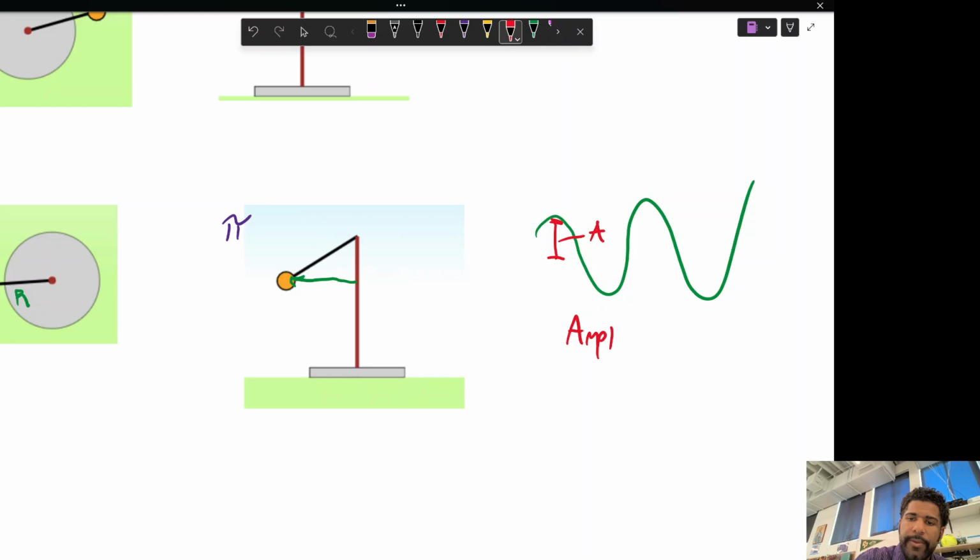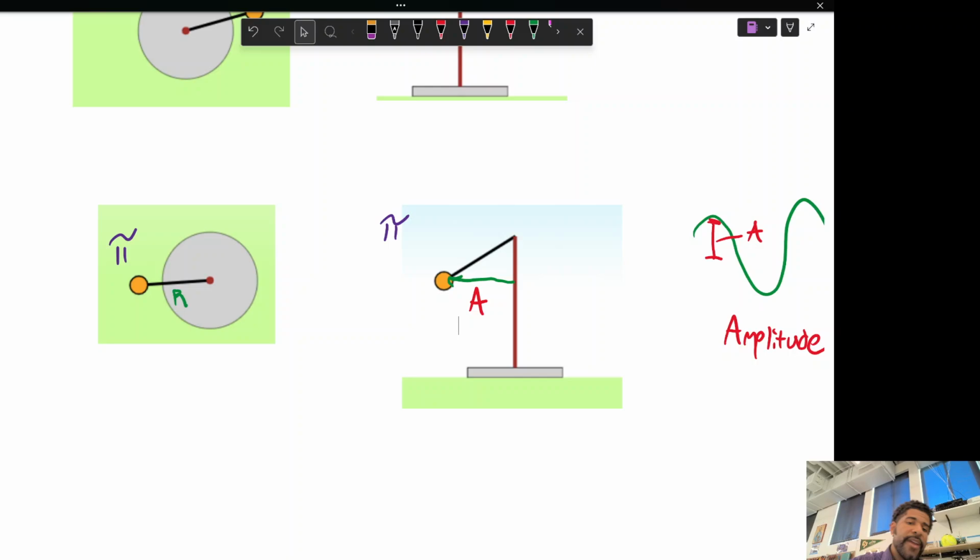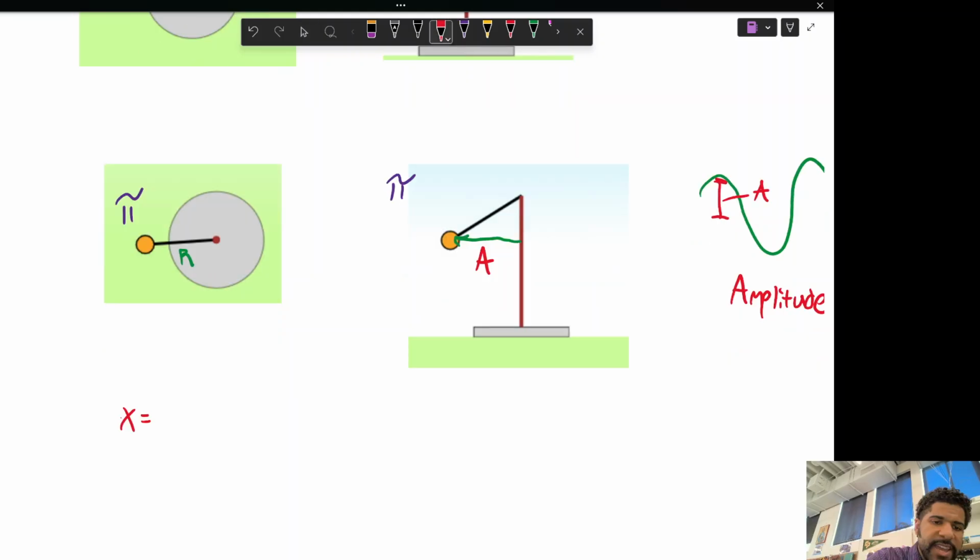Okay? If we want to find the X position of this object, what we can do is take my radius and multiply it by the cosine of whatever my angle is. In this case, my angle is pi.